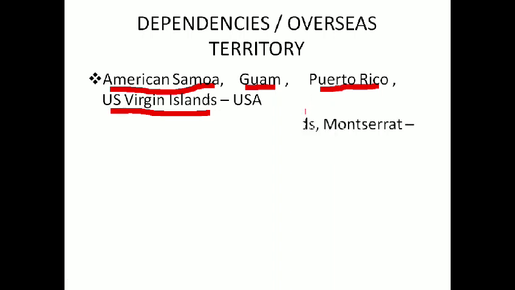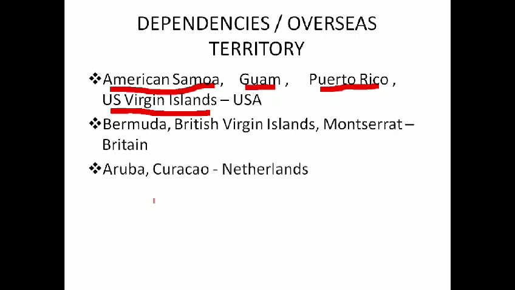Now any other such example? Yes, Bermuda. What I said, these are the dependencies or overseas territories of Britain. We say Bermuda is an overseas territory of England. British Virgin Islands, like US Virgin Islands, and Montserrat, when we discussed the Antilles, Montserrat is also an overseas territory of Britain.